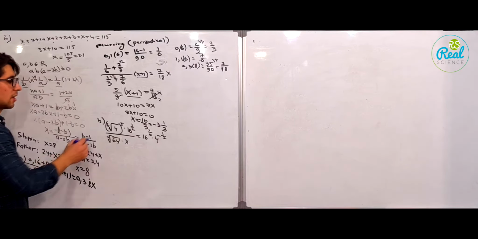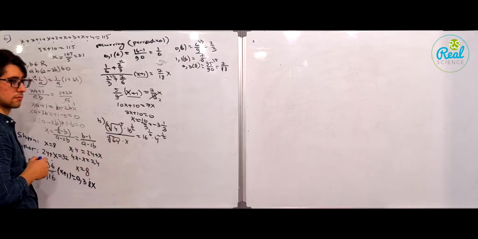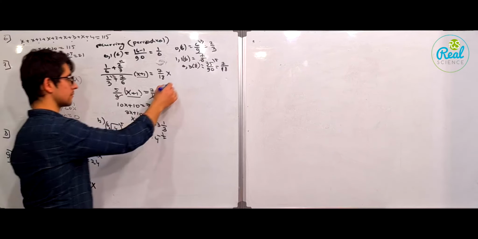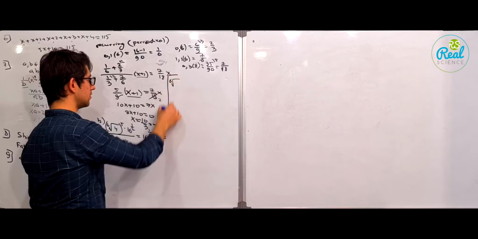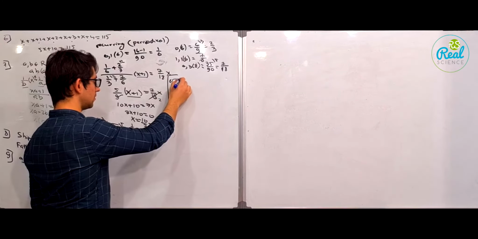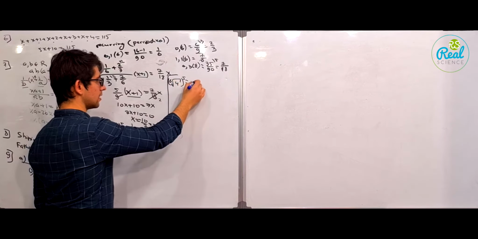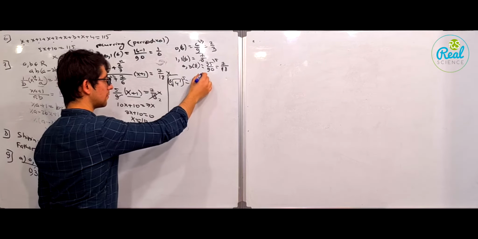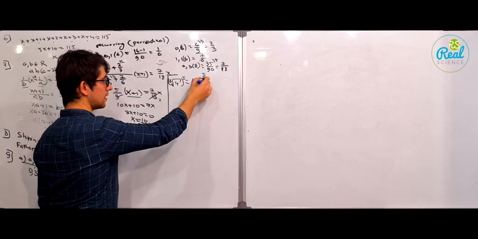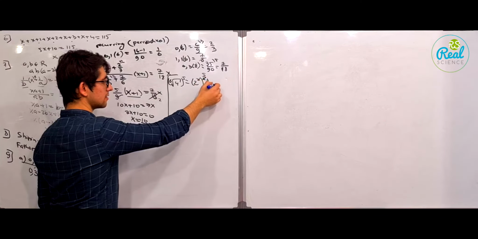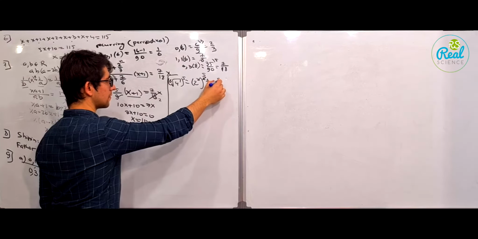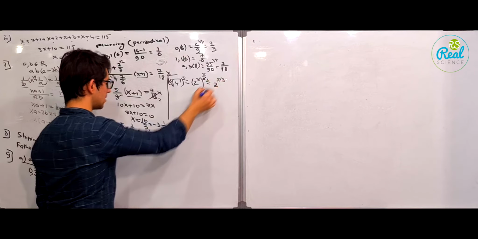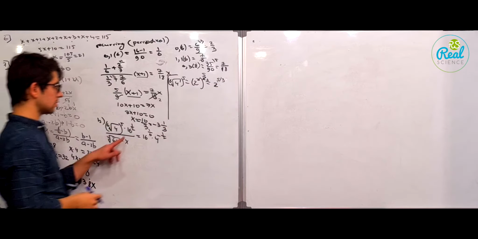So how can I calculate it? 6 power 4 on the power of 5 is 2 to the power of 5 over 6, right? And they will cancel one another. It becomes 2 to the power of 5 over 3, right?